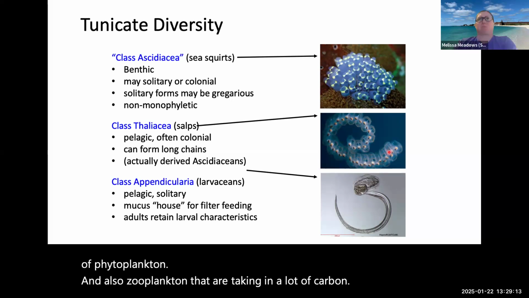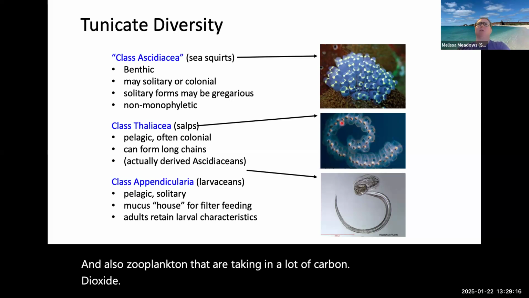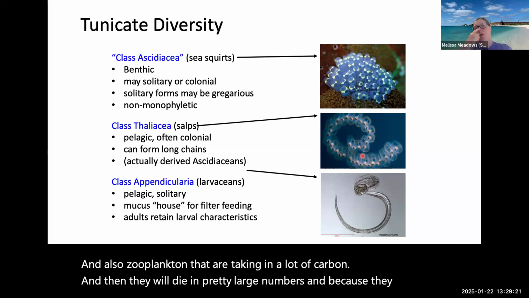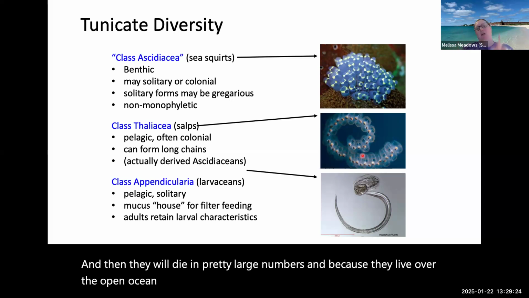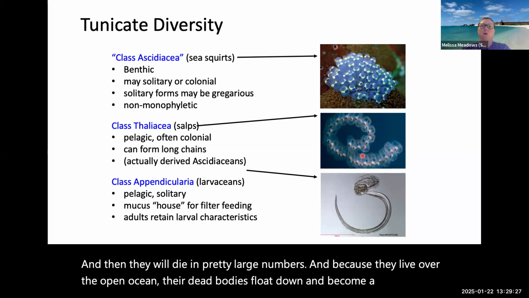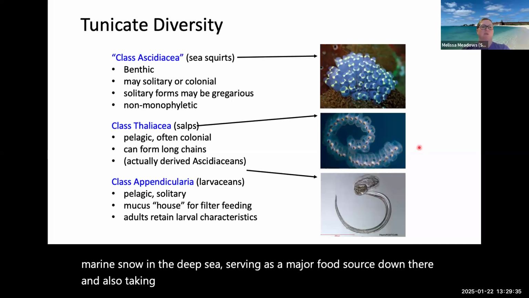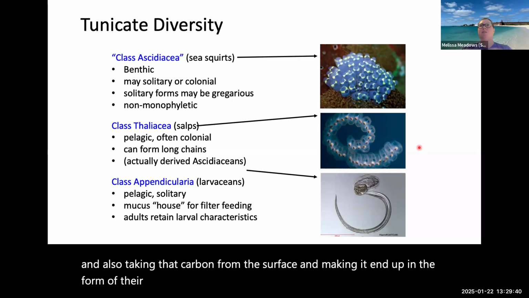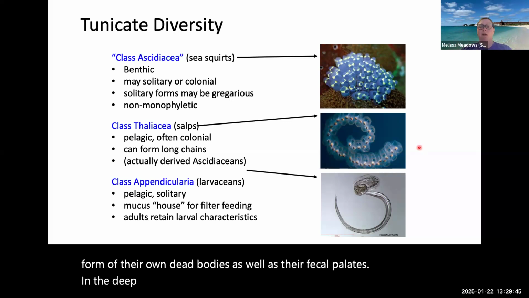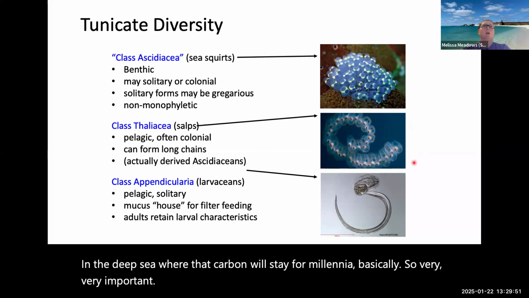Then they will die in pretty large numbers, and because they live over the open ocean, their dead bodies float down and become a component of marine snow in the deep sea, serving as a major food source down there and also taking that carbon from the surface and making it end up in the form of their own dead bodies as well as their fecal pellets in the deep sea, where that carbon will stay for millennia, basically. So very, very important organisms.